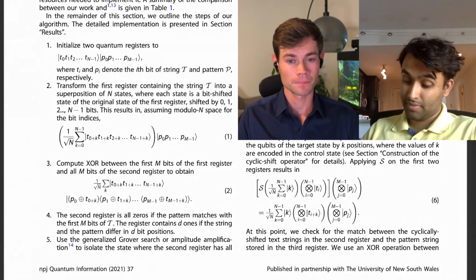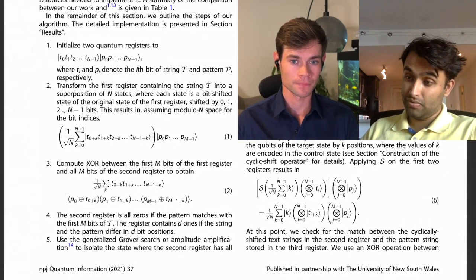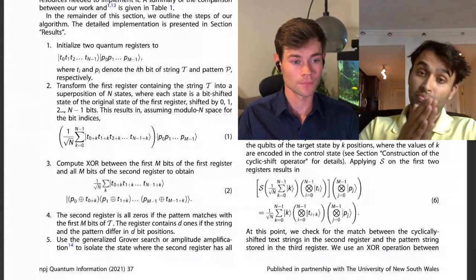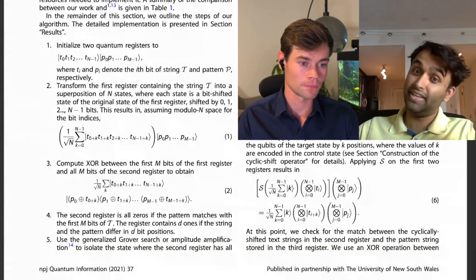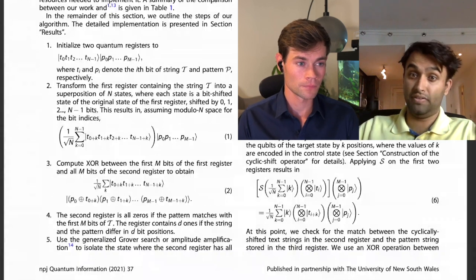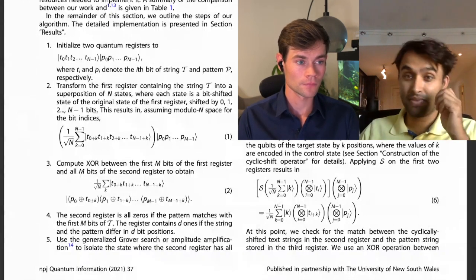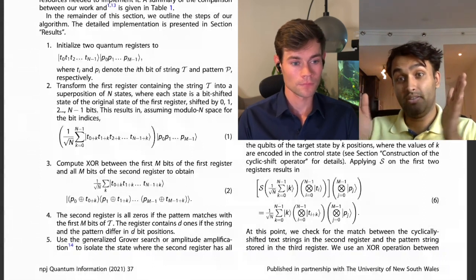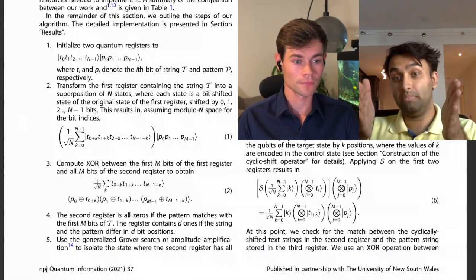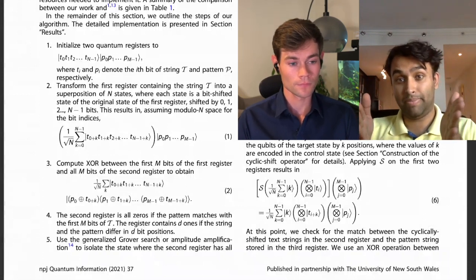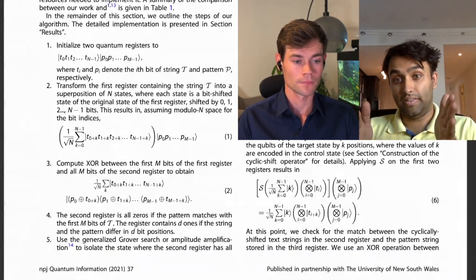So basically, right now we have a superposition of all the states in all its shifted forms, right? So basically, it's a document where everything is shifted by one. And you're looking at, okay, do the first k bits of this string match the k bits of my pattern? And that's the comparison.